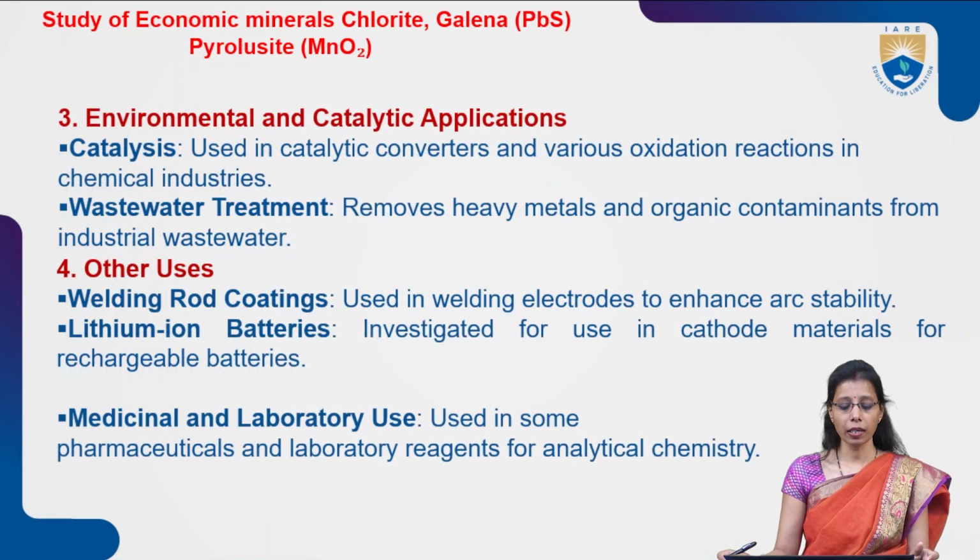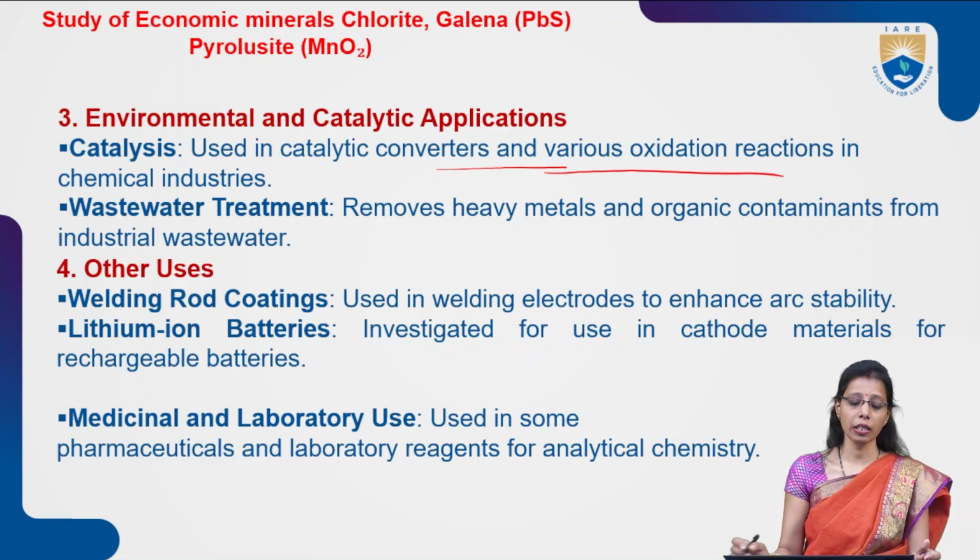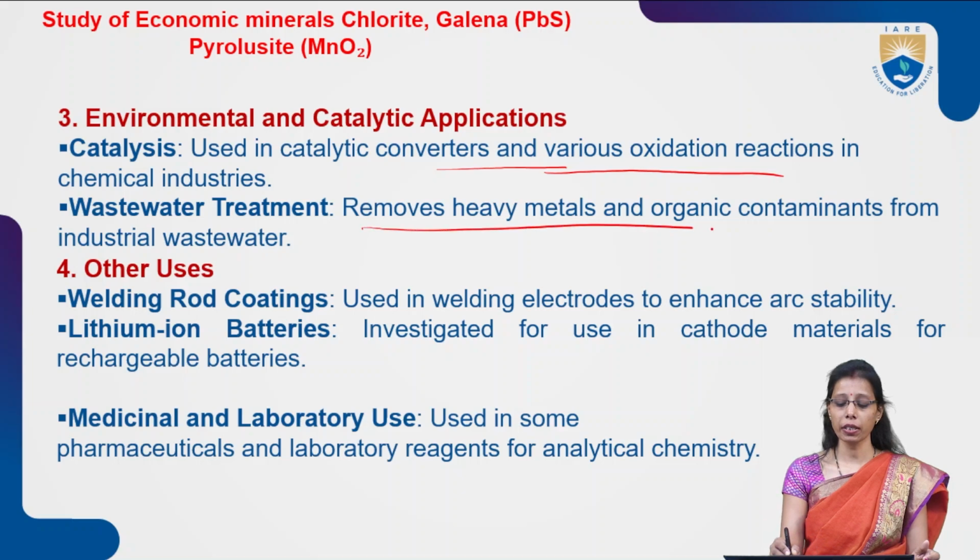In environmental and catalytic applications, it is used as a catalyst in catalytic converters and various oxidation reactions in the chemical industries, and in wastewater treatment it removes heavy metals and organic contaminants from industrial wastewater.